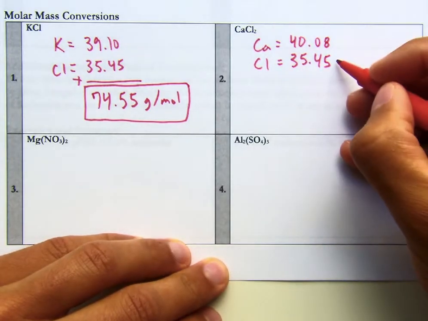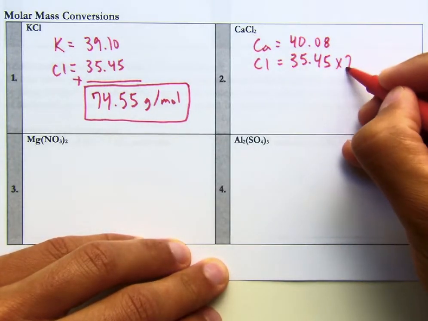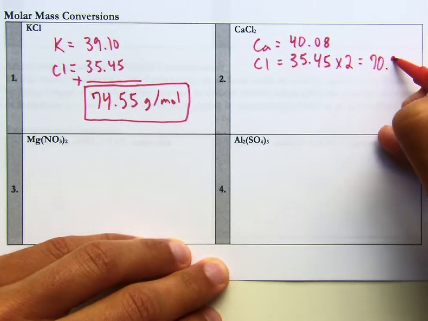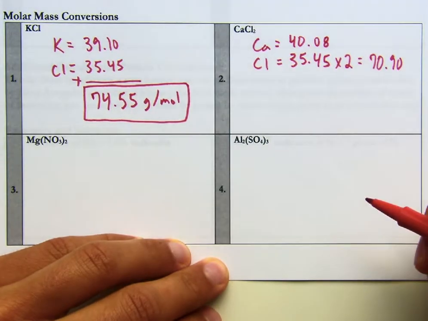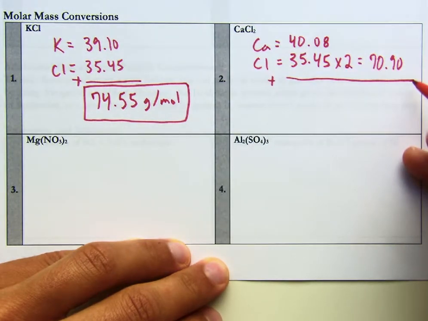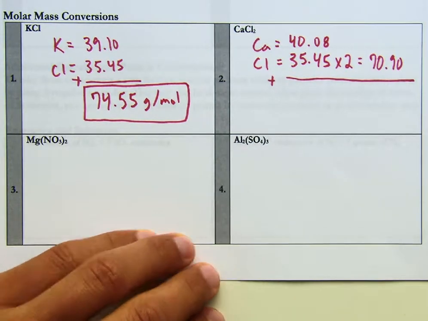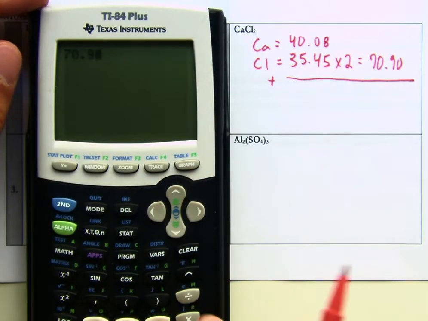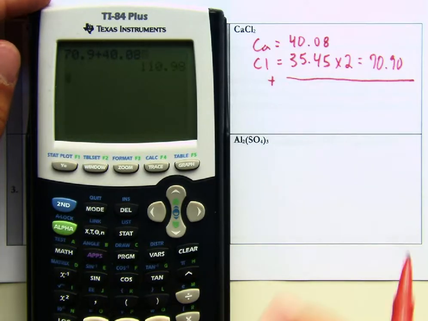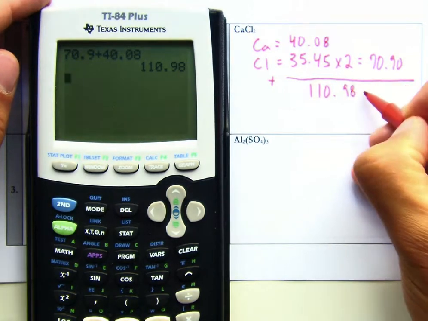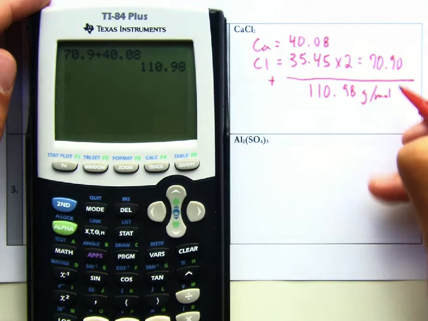So we actually need to take this number times 2. Okay, this number times 2 is 70.9. Then you're going to add it together. So 70.9 plus 40.08, we get 110.98 grams per mole.